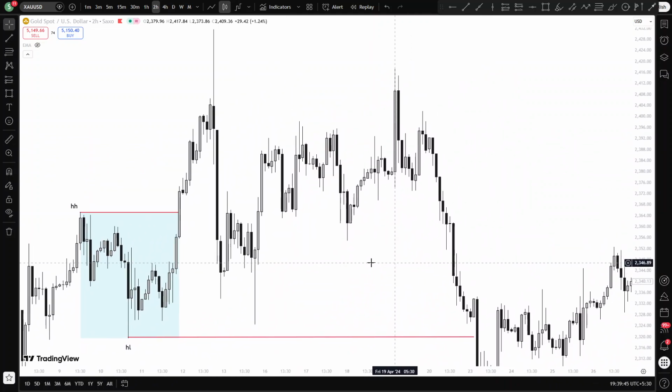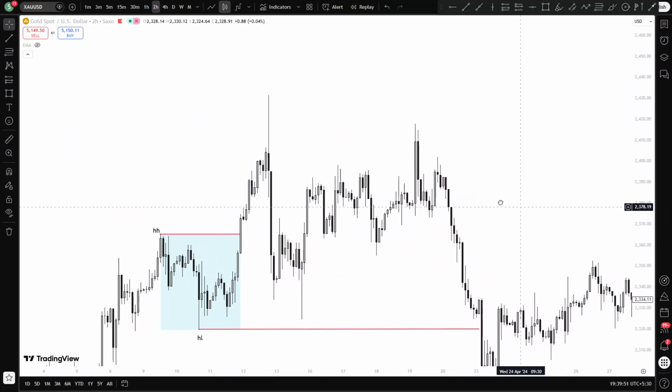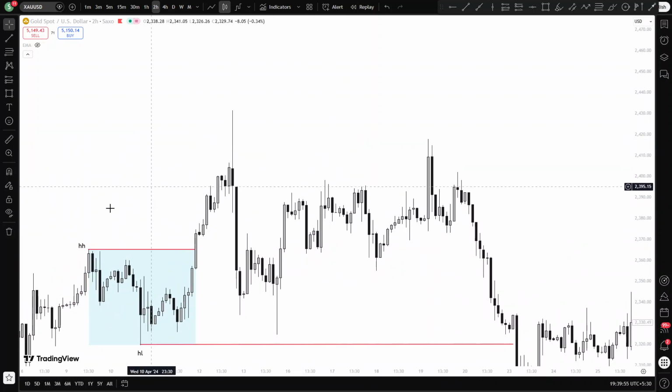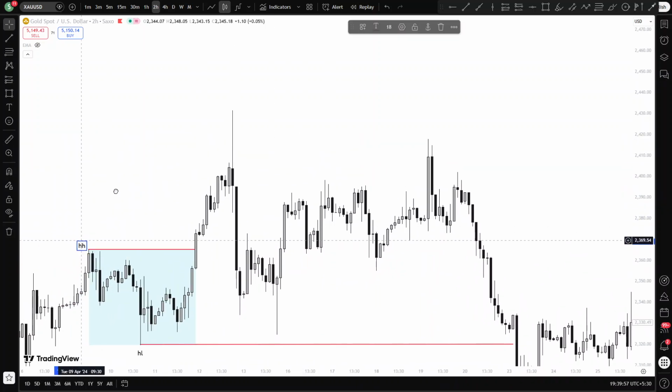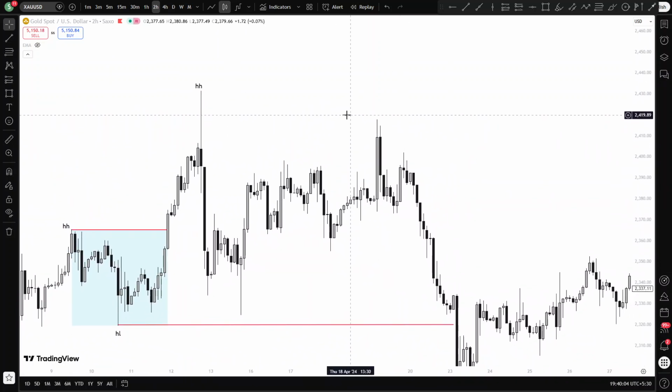So the moment the market gave us this breakout and gave us this pullback, where is our higher high? This is where our higher high is. For us to have a higher low, what do we have to do?